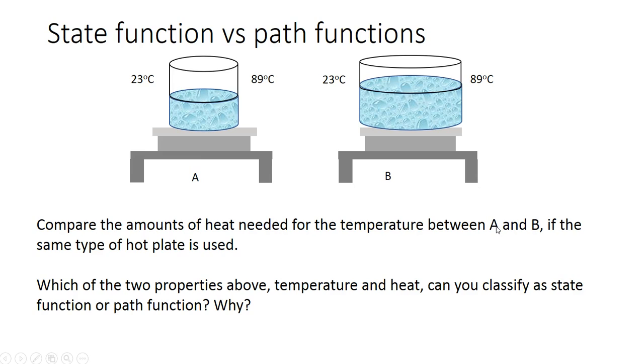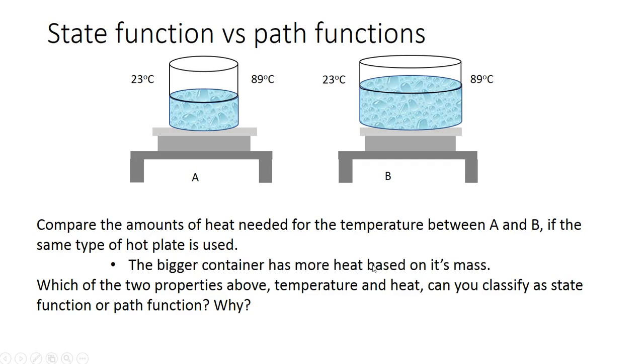But your aim in both cases is to move from the initial state of 23 degrees Celsius to the final state of 89 degrees Celsius. In both cases, it doesn't matter how you heat up the system. So how you heat up the system is a path function. So we see that the bigger container will need more heat based on the mass.